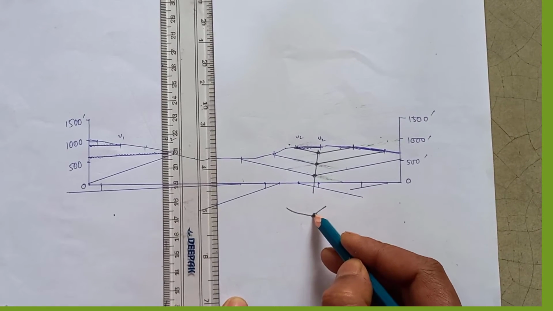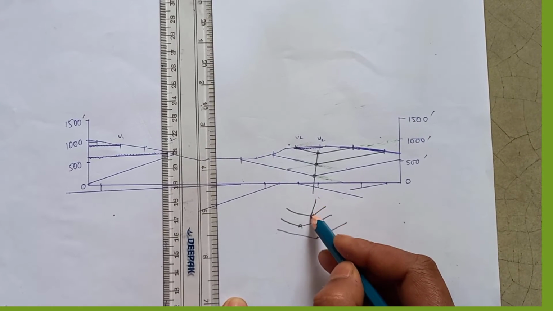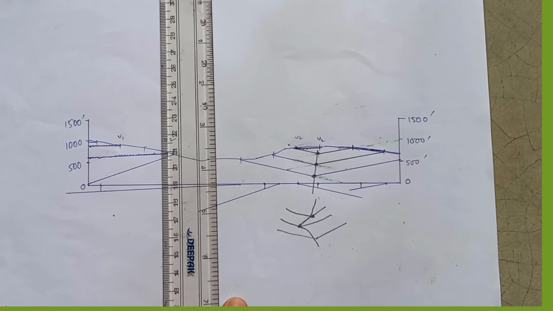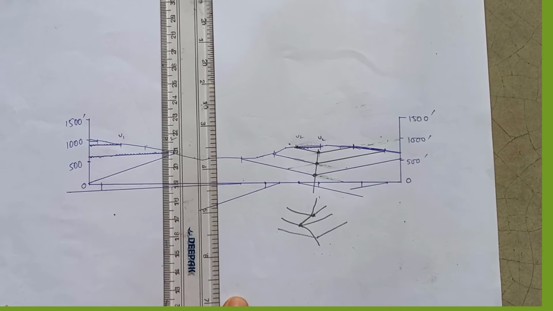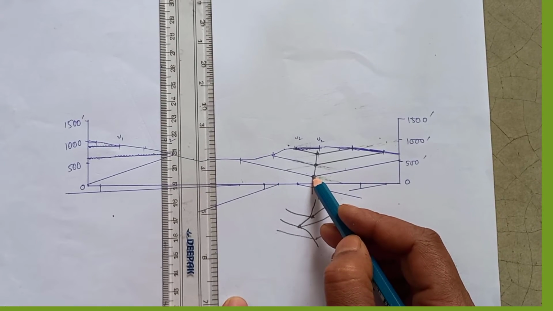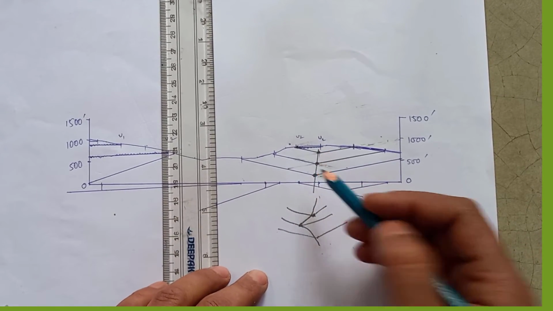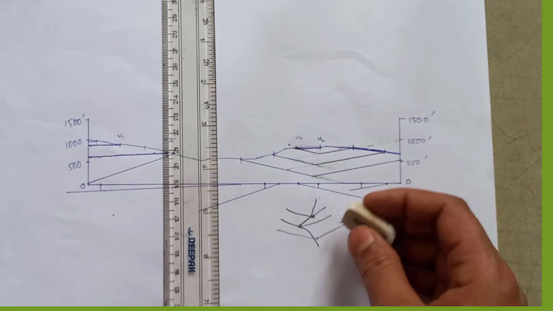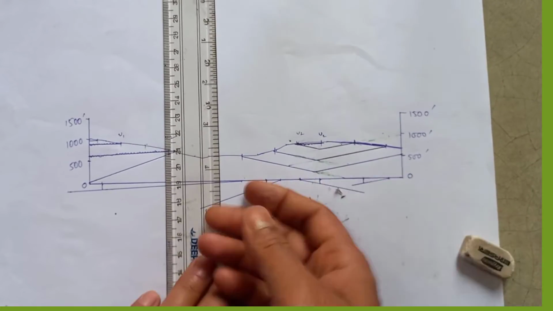If one point is here, another point is here, another point is here, so this is not a linear line. If your folded bedding line, the limb axis, where the beds meet, where the beds bend, if those points fall in one line, then your map is correct. With the help of this, you can easily identify whether your map is okay or not. So the right side is complete.